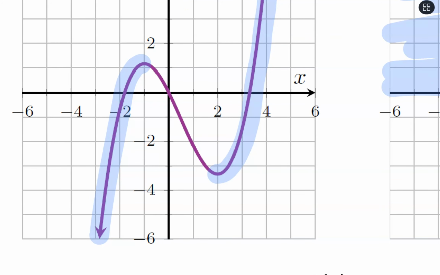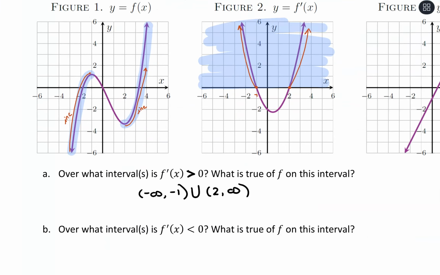Well, what we're seeing is that our function is increasing. It's getting larger and larger and larger until we hit that peak right there. Then our function's decreasing, and that's part that we're not including in our interval. And then when we reach this minimum here, we switch back to increasing. So for both of these intervals, we're seeing that our function is increasing.